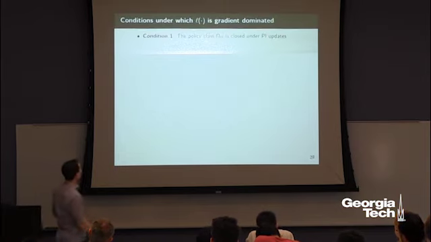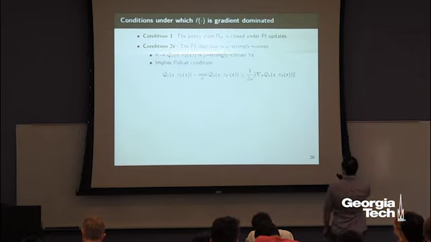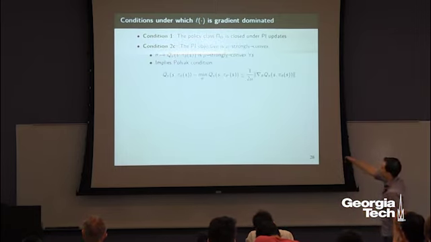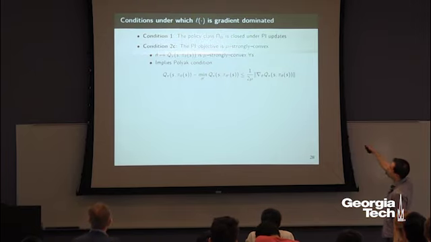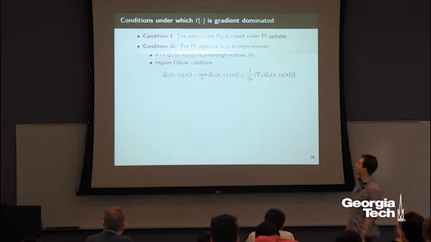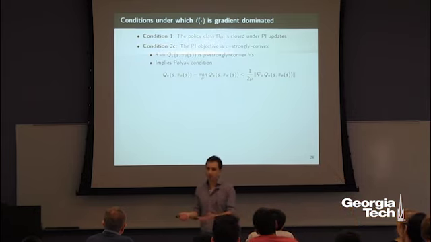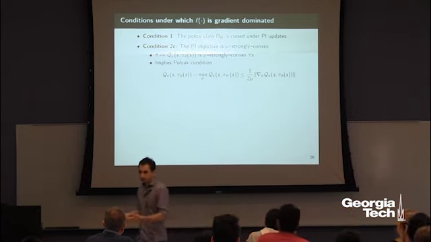So what does that mean? Let's continue, just to give you one example of this. Let's continue to assume that the policy class is closed, like in linear quadratic control. And now let's assume the policy iteration problem is mu strongly convex, like the quadratic optimization problem in linear quadratic control.